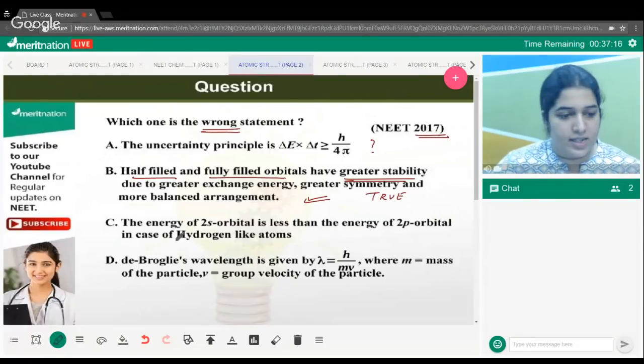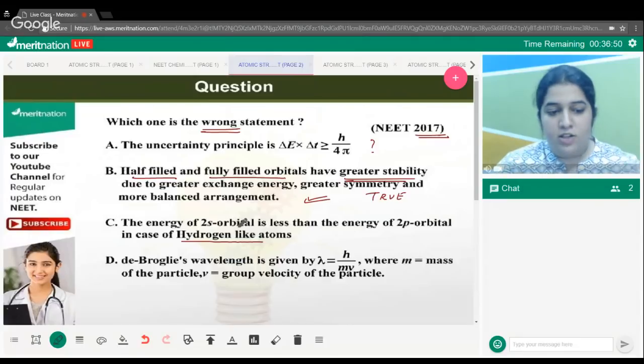The next is the energy of 2s orbital is less than the energy of 2p orbital in case of hydrogen-like atoms. Is option B correct or incorrect? Now, you need to understand, the difference in energy of the orbitals that we consider, the Aufbau principle, is for atoms other than hydrogen-like species.